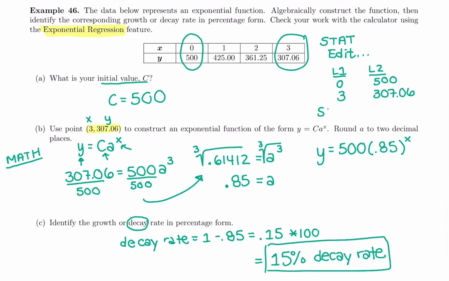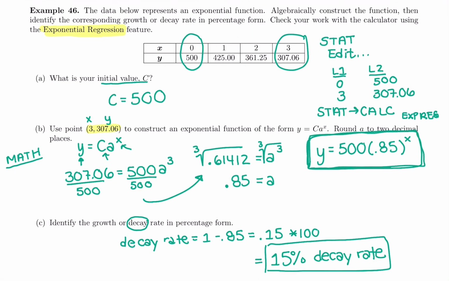Then I can hit Stat and go over to Calc and find exponential regression, and hit enter a bunch of times, and it should tell us this exact same equation that we just got. So we can do it by solving it ourselves, and then we can also check it in the calculator by just plugging in the 2 points to see if we modeled it correctly, by hitting Stat, Calc, and finding exponential regression if we scroll down.